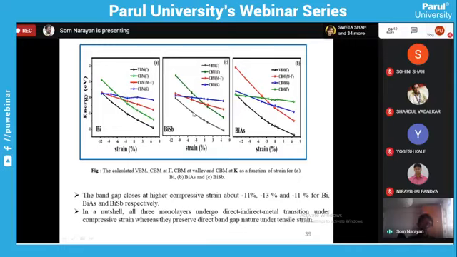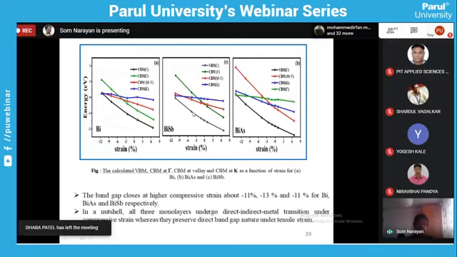If we use some substrates and prepare a device, and the strain goes beyond 2% or 3%, then it shows a metallic nature or indirect nature. Sometimes the variation between theoretical and experimental work is due to the strain effect.